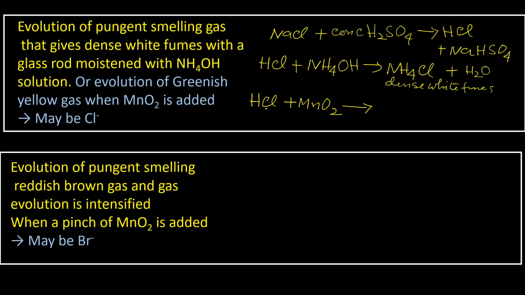So it can oxidize this HCl, hydrochloric acid, to chlorine, but it is not strong enough in this case to oxidize. If you add manganese dioxide, then easily it will be oxidized in presence of sulfuric acid. And then you will get the evolution of chlorine gas. This is greenish yellow.